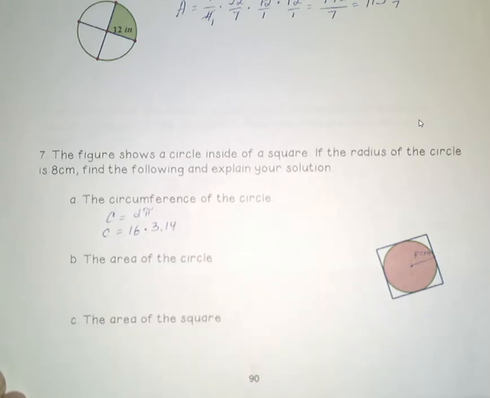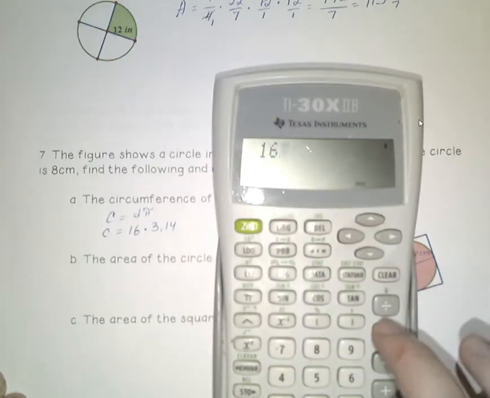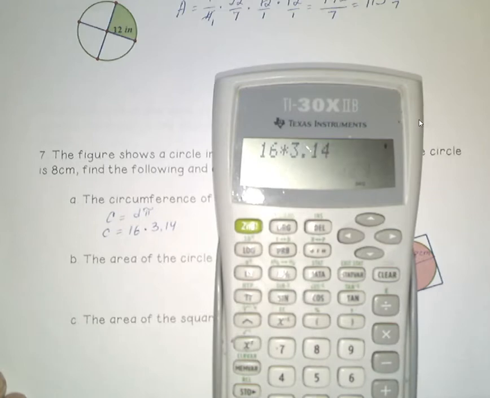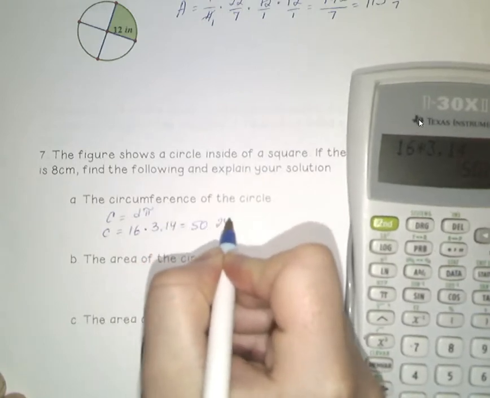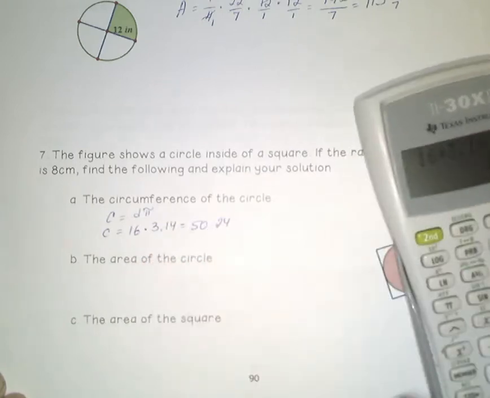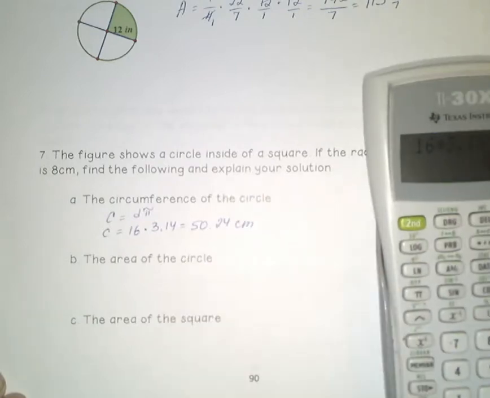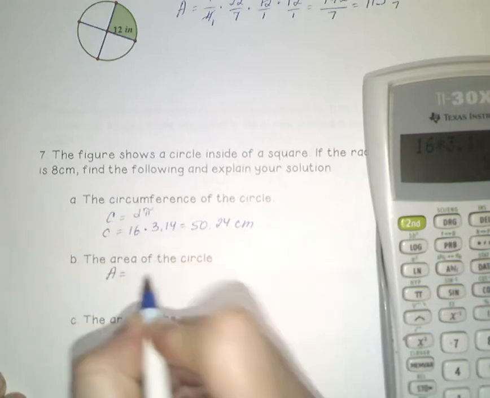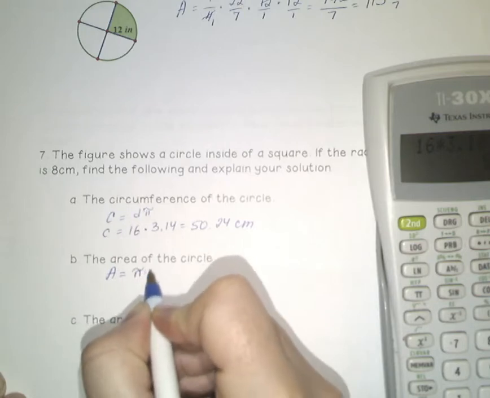Okay, and we'll use the calculator for that. 16 times 3 and 14/100ths is 50 and 24/100ths, and that is in centimeters. Now area of the circle. For the area of the circle, I'm using formula radius squared times pi, or pi times radius squared.